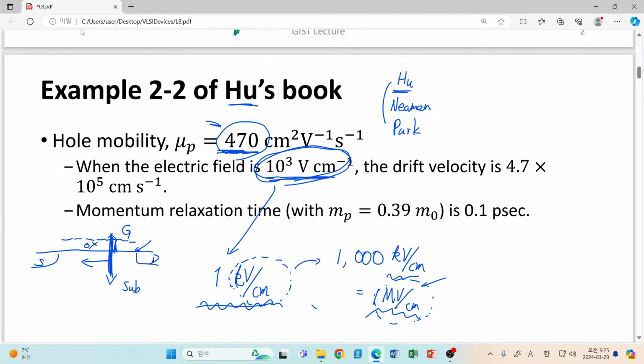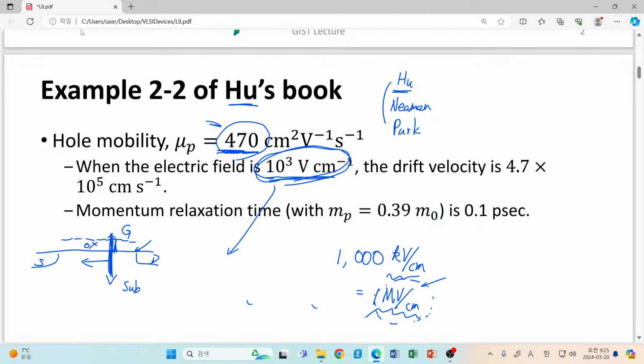However, since silicon dioxide is such a good insulator, even though we apply an electric field on the scale of several megavolt per centimeter, it does not conduct any electric current. Really, silicon dioxide, especially thick silicon dioxide, is a good insulator. Then you understand we are considering quite a small electric field, 1 kilovolt per centimeter.